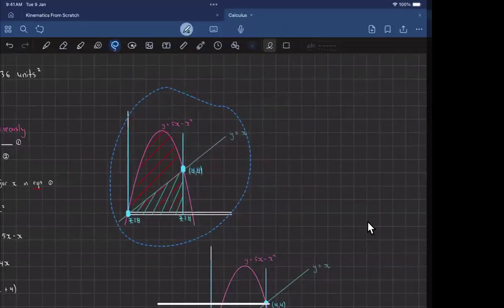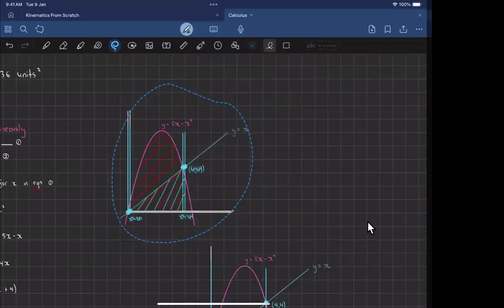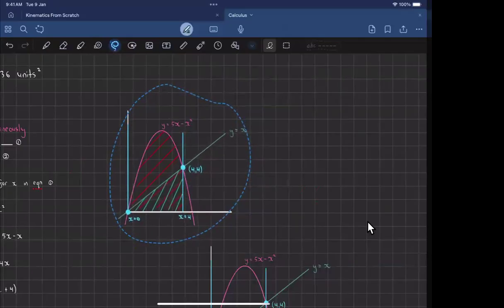Let me make sure what I'm saying is clear. Can you annotate the area where you see an intersection? I want you to annotate an area where you're seeing that the two graphs' areas are interacting with each other.